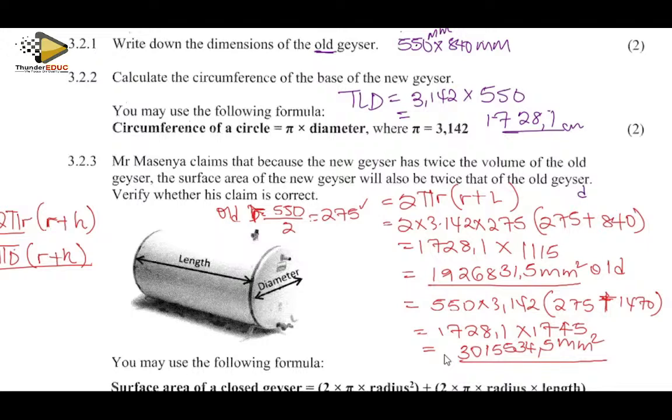But remember we are proving whether it's twice, so we need to divide this by 2. If we divide it and we get the same answer as the old one, then the claim is right. But if we don't get the same answer, the claim is wrong. So we divide this by 2, we get this.